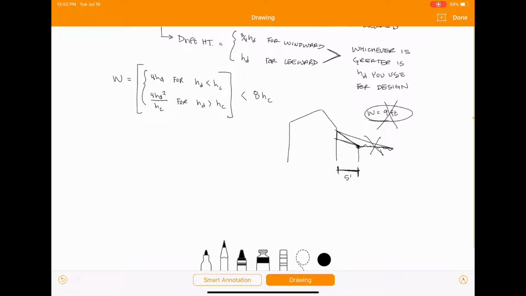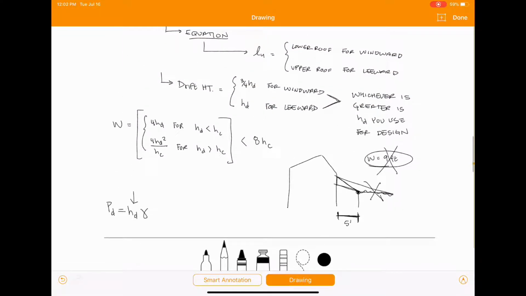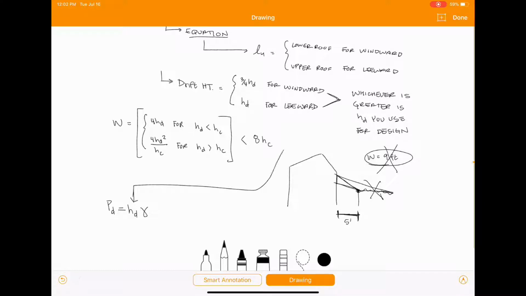And then lastly, as far as drift goes, calculate your surcharge of drift as HD times gamma. Again, this HD is the HD that you're going to select from up here. Whichever is greater of these two values, you're going to plug in right here for HD.